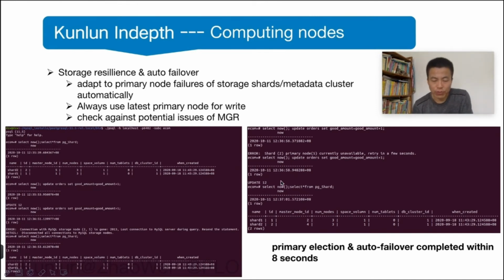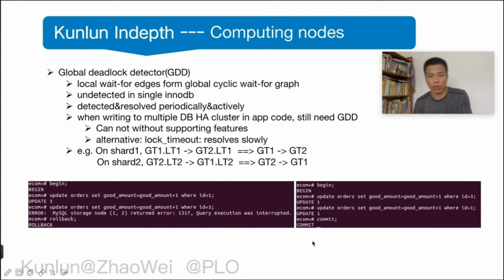And for the client application, what they see is an error thrown from the database. So all they have to do is to try and catch this error and re-execute the transaction again. So they don't have to worry about what the database system is doing. Actually, behind the scenes, the Kunlun cluster has done a lot to make everything right.